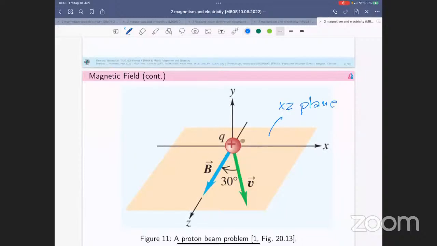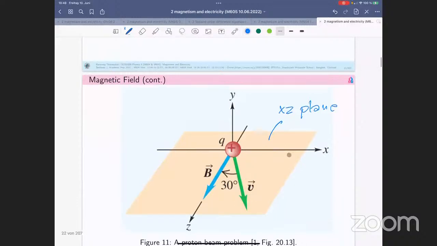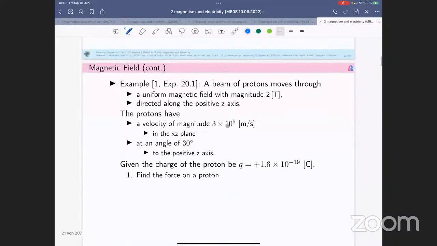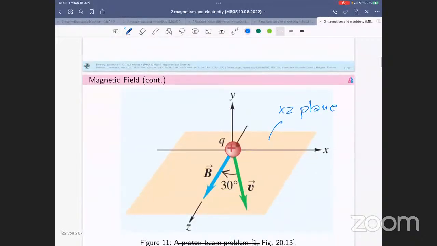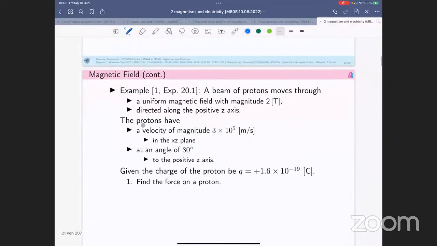Okay, but in this scenario, they say that the proton moves on the xz plane, and there is a magnetic flux density pointing to the positive z-axis like this, and the intensity or the magnetic flux density is 2 Tesla.